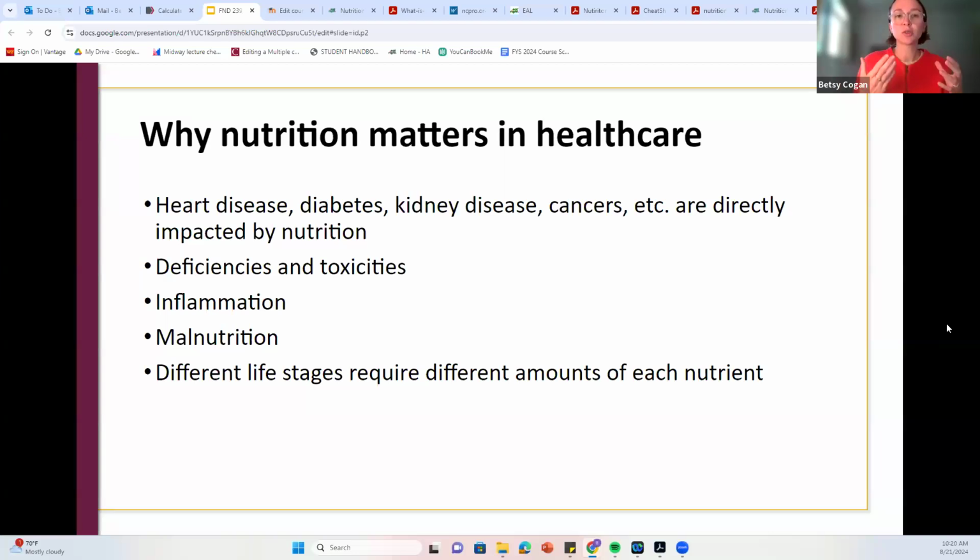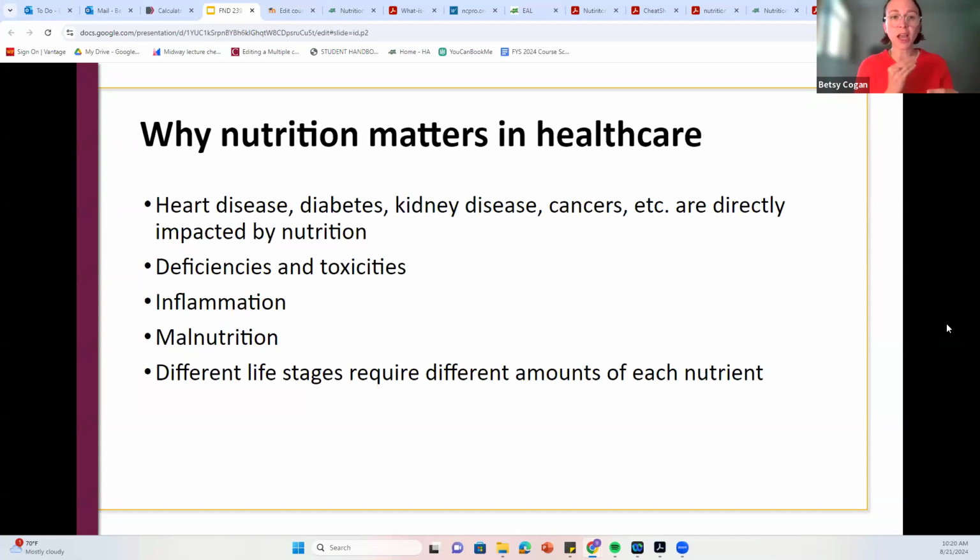Nutrition or lifestyle related diseases include some of the major causes of death or major causes of concern for folks entering the healthcare system. So folks with heart disease, diabetes, cancers, all of those are potentially lifestyle related.